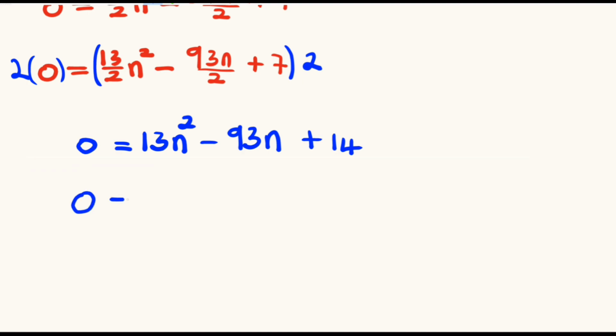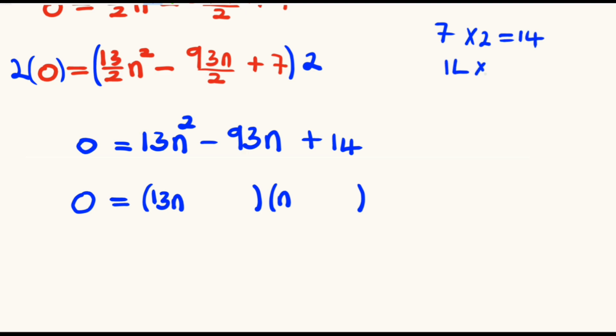So we have 0 equal to the factors of the 13n squared will be 13n and n, and the factors of the 14 will be 7 multiplied by 2 is equal to 14, and 14 multiplied by 1 is also equal to 14. So let's first test the set of factors. So we have the 7 here, and a 2 there.